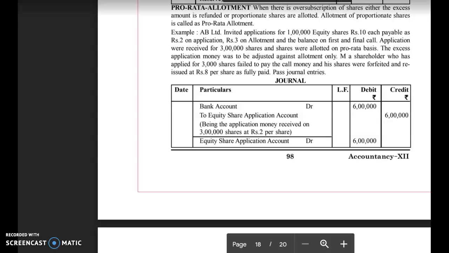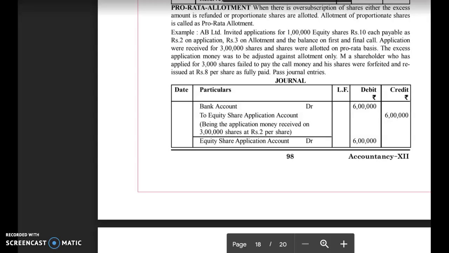And his shares were forfeited and reissued at rupees 8 per share as fully paid. Now the company has issued his shares of 1,000 at the rate of rupees 8 per share as fully paid. What it means is that the company is giving a credit of face value of rupees 10 per share, but collecting from him rupees 8.